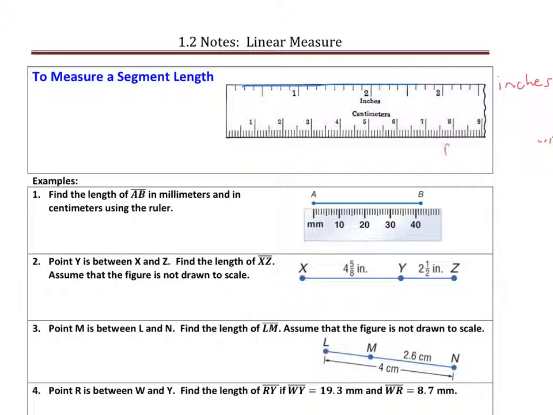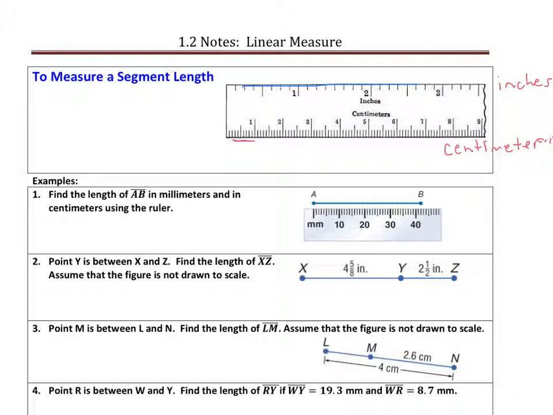Centimeters and millimeters are part of the metric system, and that's a base 10 system. You should be well aware of that. And each one of these here is a centimeter, and it looks like it's going just past, I don't know, 9 centimeters here.